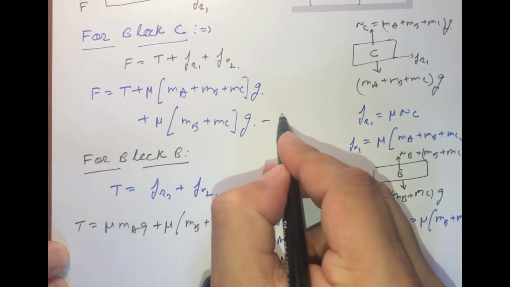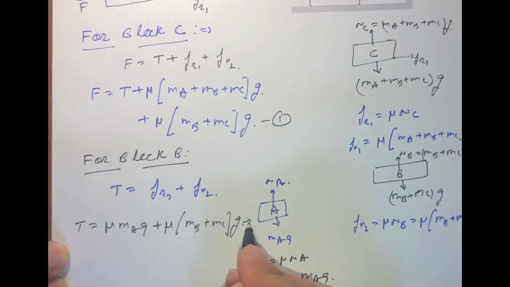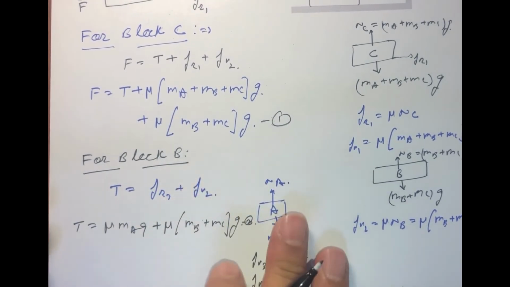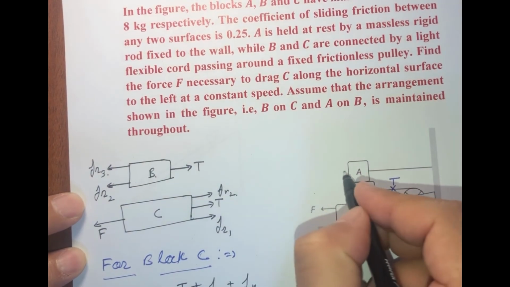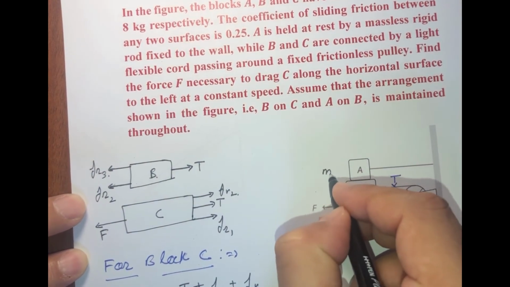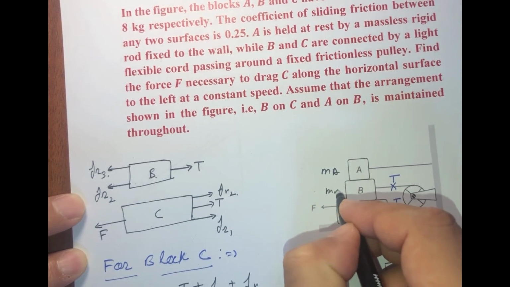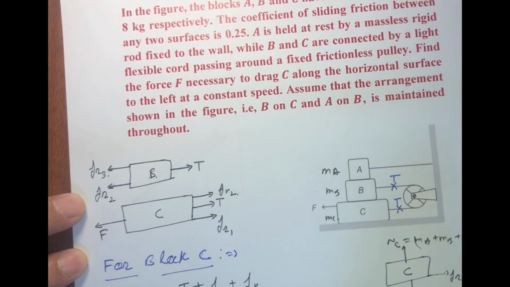Let this be equation number 1 and this be equation number 2. And one thing more, MA is the mass of block A, MB is the mass of B, and MC is the mass of C.